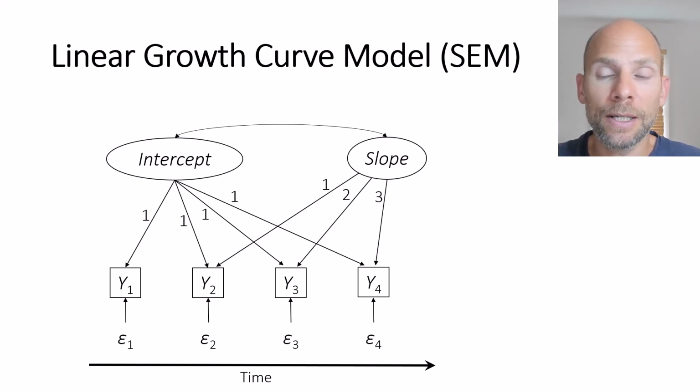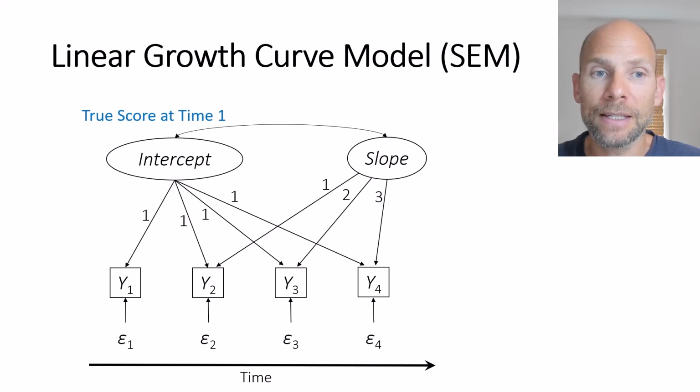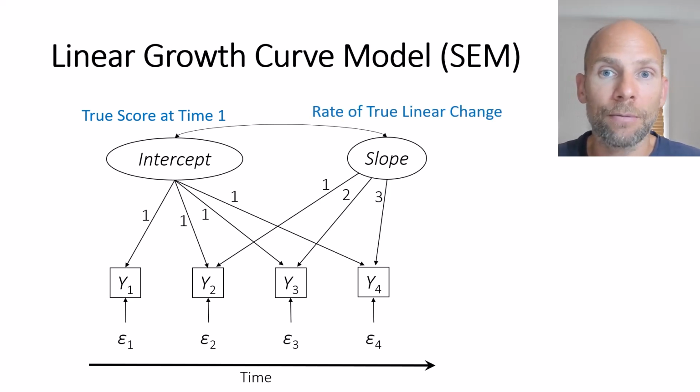And in this model, there are 3 types of latent variables. We have an intercept factor that represents the true scores at the onset on the first measurement occasion. We have a slope factor here that represents linear changes over time, and we have measurement error variables epsilon for each time point.